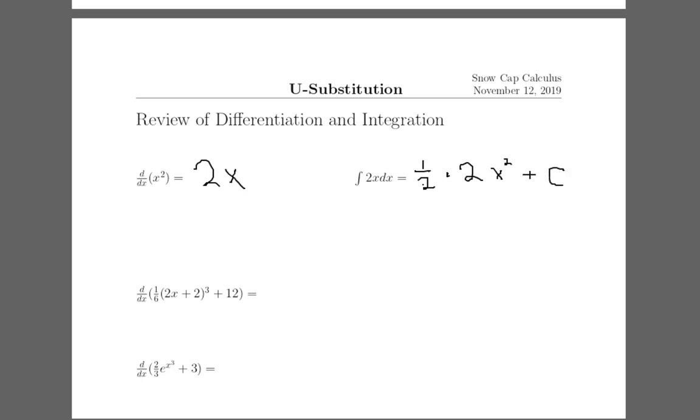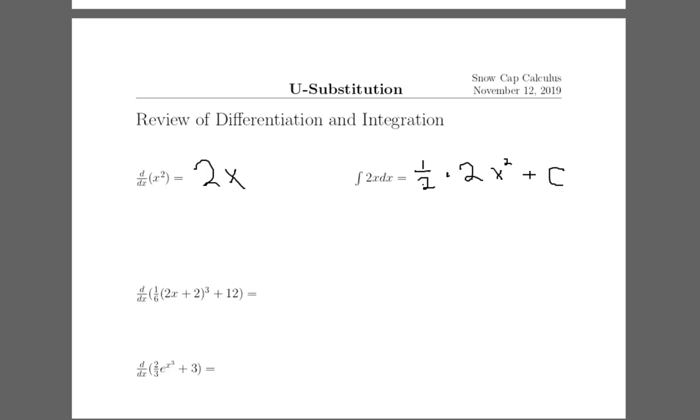So you notice that these are basically the same. The first one we're doing, we're differentiating x squared, and we get 2x. And integrating is basically the opposite of differentiating. The only discrepancy is that c, and that's kind of what we're interested in with U-substitution.